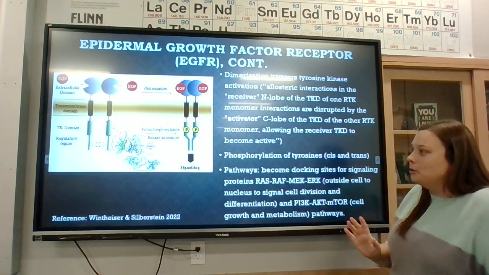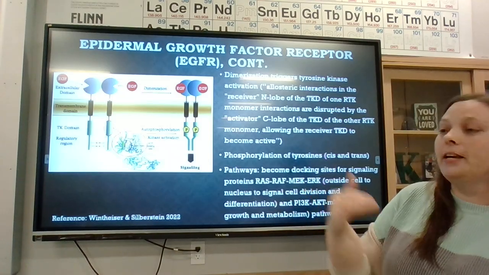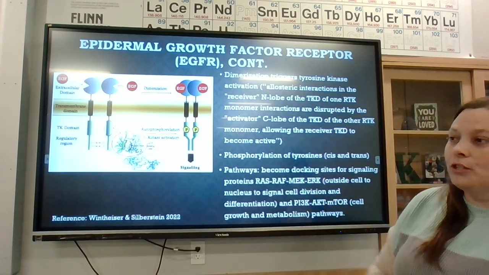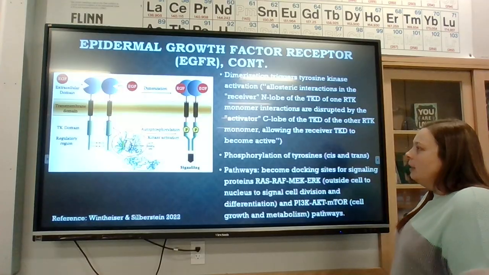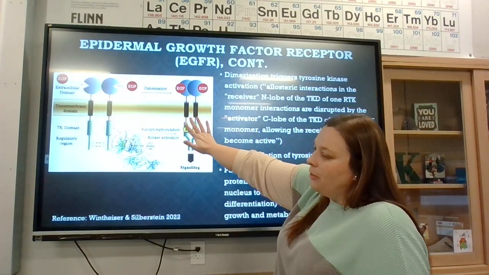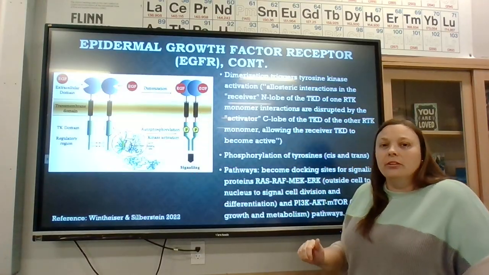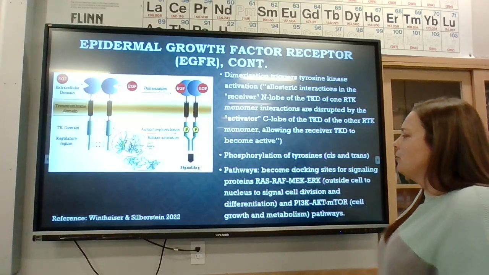And I think that's absolutely fascinating as well, that certain ones in the dimer can pass or attach those phosphates back and forth. Now, once the dimer has occurred in this case, and we've attached phosphates, the next step is going to be the signal that is sent to the rest of the cell.